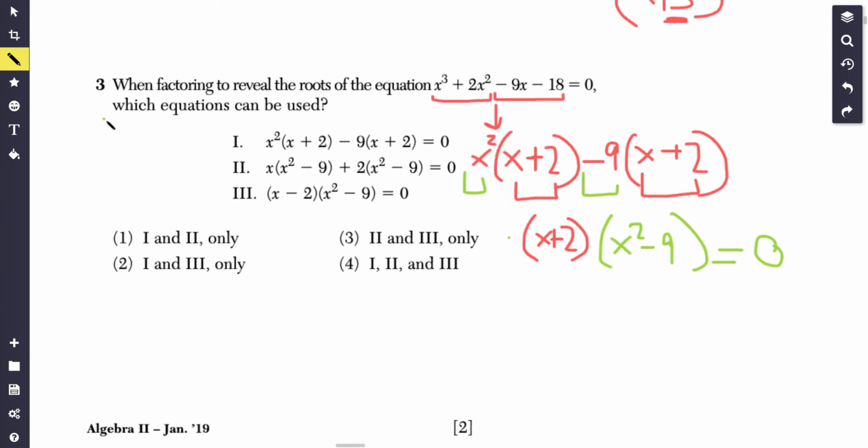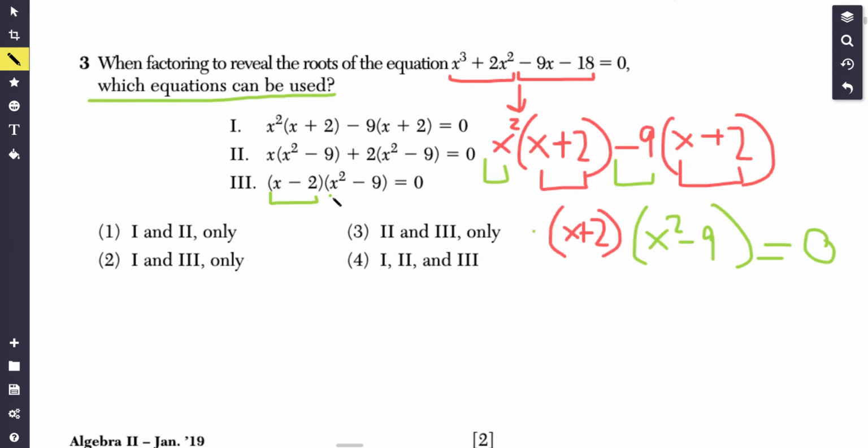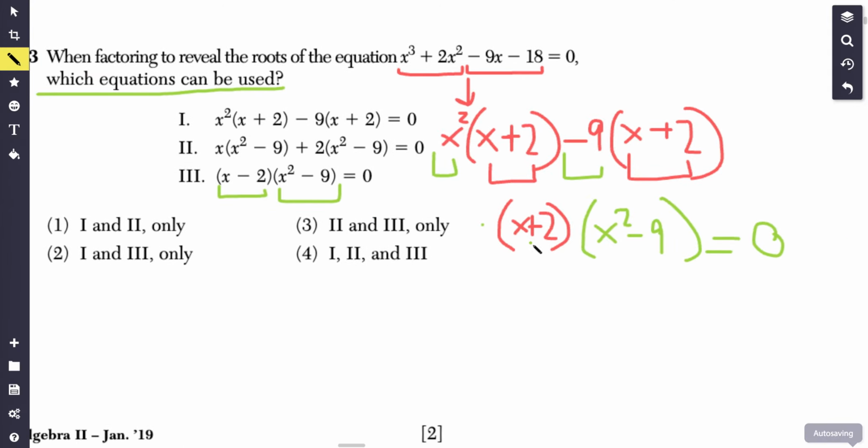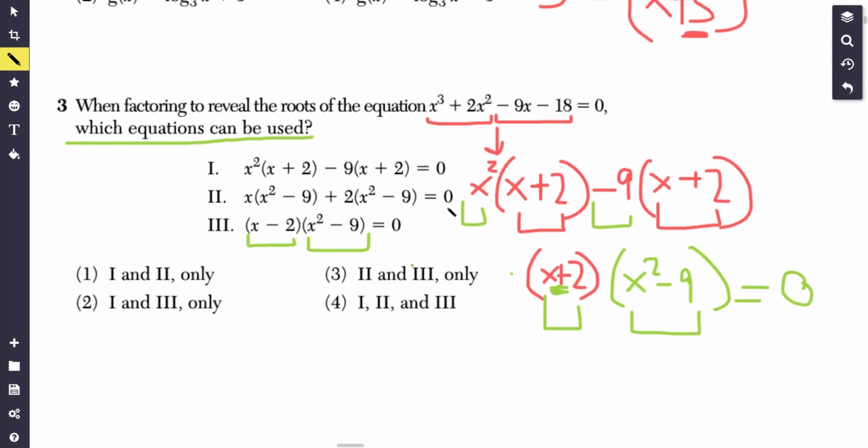So which equations can we use? Well, if I take a look at the third option, I have x minus 2 times x squared minus 9. However, we said right over here we have x plus 2 times x squared minus 9. So notice how number 3 isn't the correct factoring.